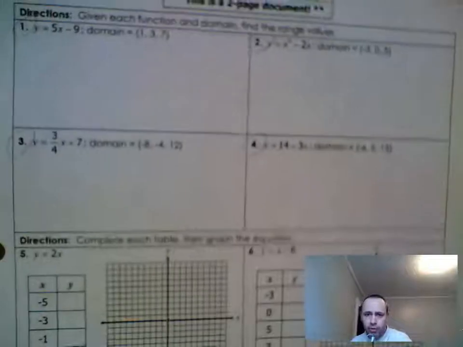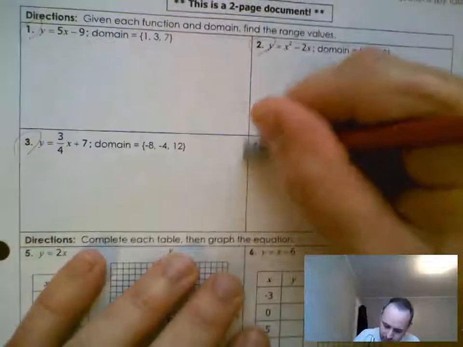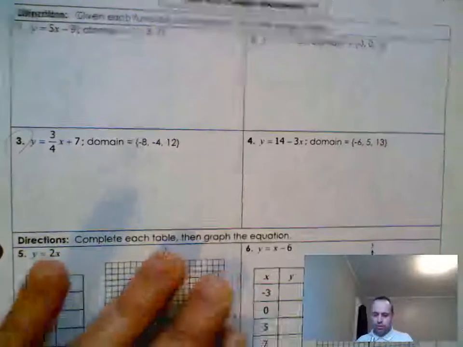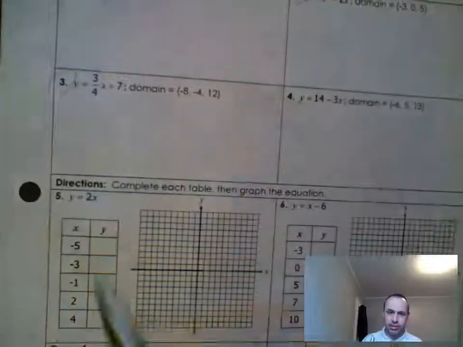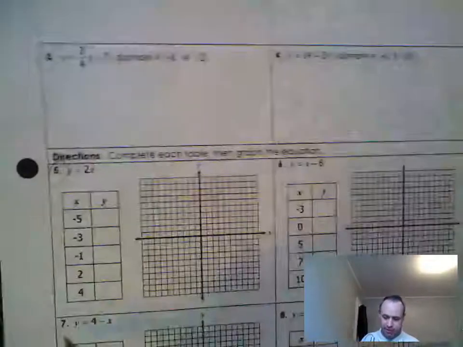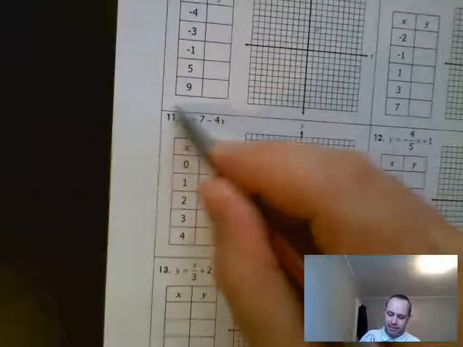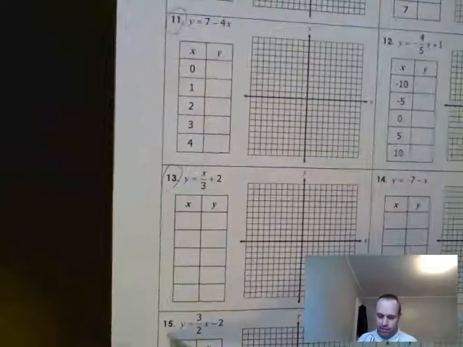Actually, we'll make it 1, 2, and 3. You'll do 1, 2, and 3, and then you'll do the odds after that. So 5, 7, 9, 11, 13, and 15.